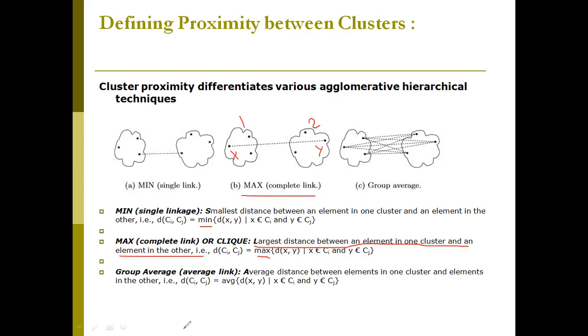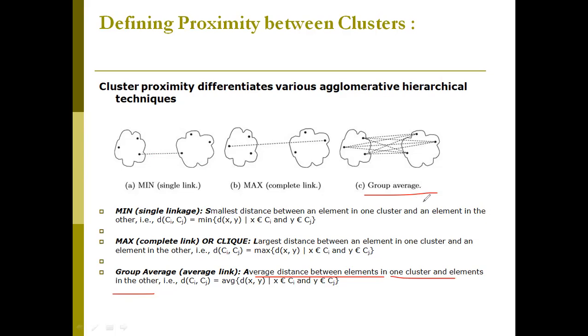Okay, and finally, here we are going to calculate the last one. What is the last one? Group average: the average distance between the elements in one cluster and the elements in another cluster. Here 3 data points are there now, so for each and every data point the distance must be calculated to every data point in the other cluster.